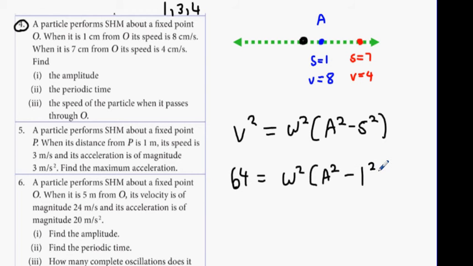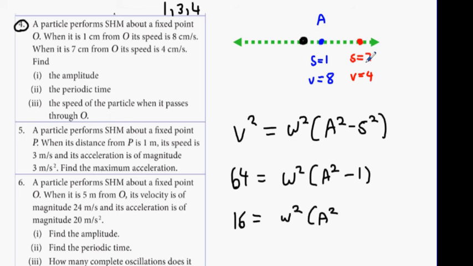What about the second equation? Using s equals 7. 16 for v squared, isn't it? Because 4 squared, 16. Omega squared stays the same. A squared, anybody? We don't know yet. And then s squared, 7 squared, which is 49.